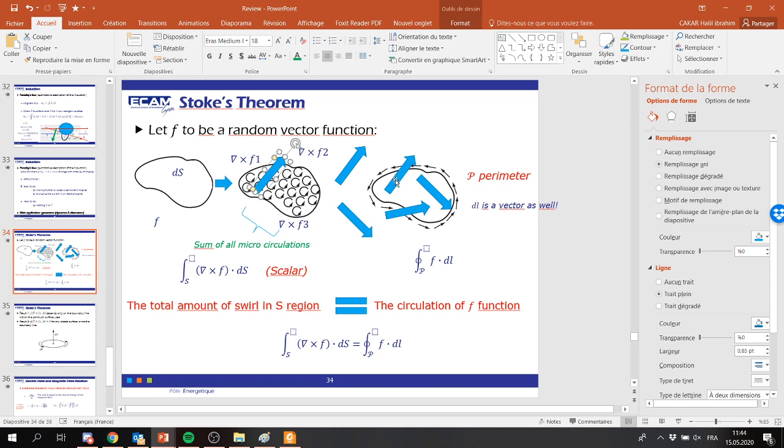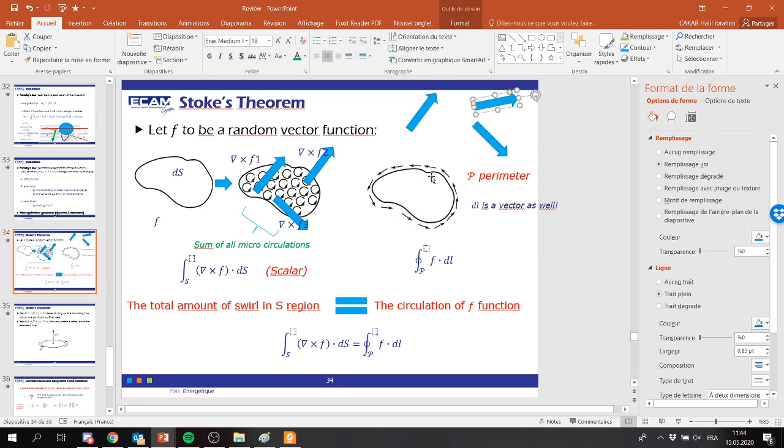In another approach, there are so many arrows here, excuse me. Here, another approach to calculate the total water flow is by just calculating the perimeter, and pay attention, it's not going to be constant, it's varying in terms of vector direction.